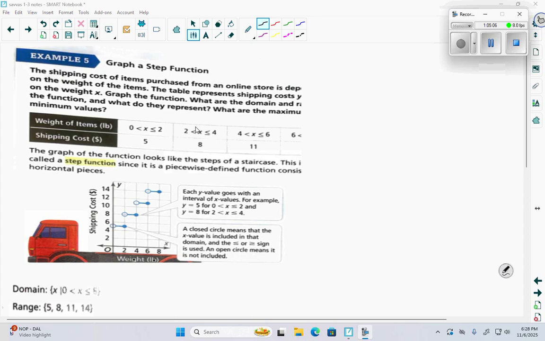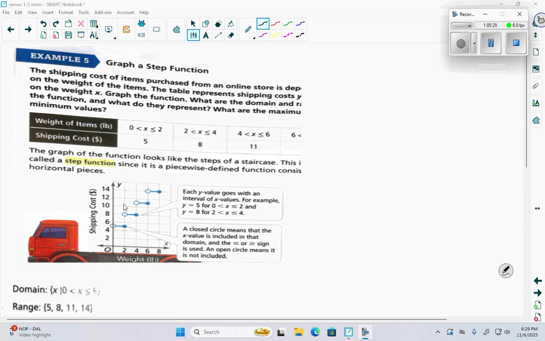Then to graph this one, it's not continued on from the previous one. So now if you order, this one continuing on from there. So 2 was an open circle, inequality. And then up to 4 it would cost 8, and then 4 to 6 it's going to be 11, and then so on.